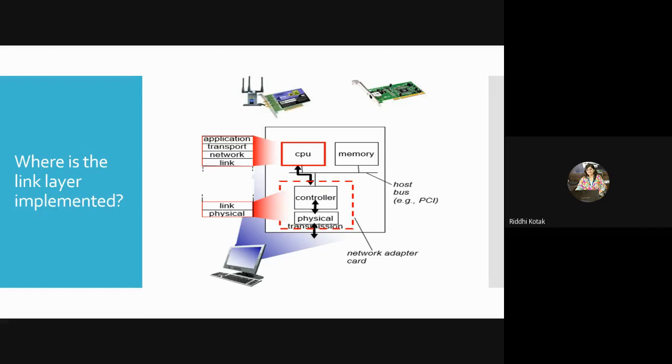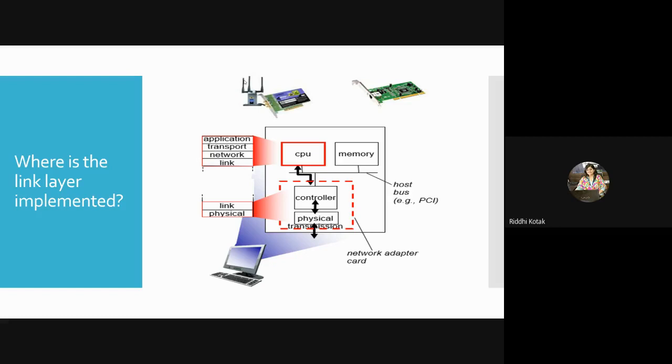That is a kind of control, like a switch between the physical layer and the data link layer. That is the reason we need a controller and a CPU, the central processing unit, which will handle all the functionalities.